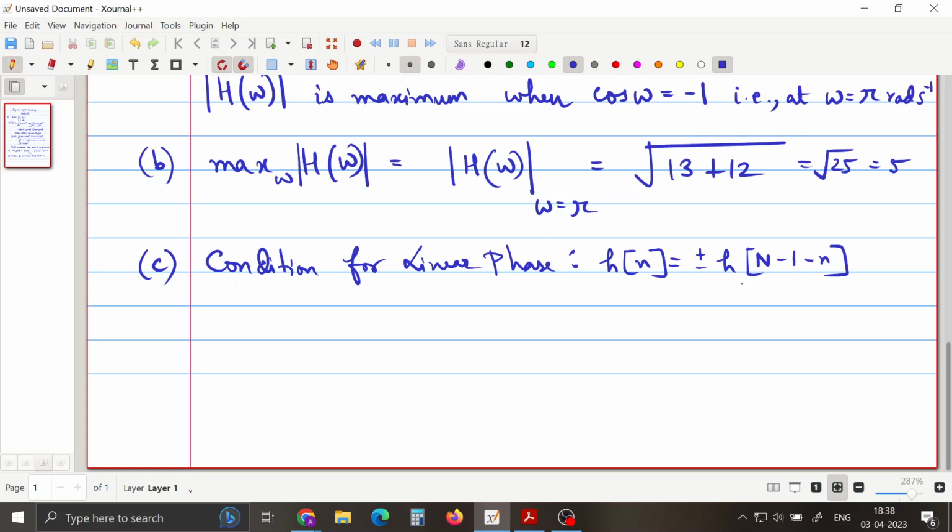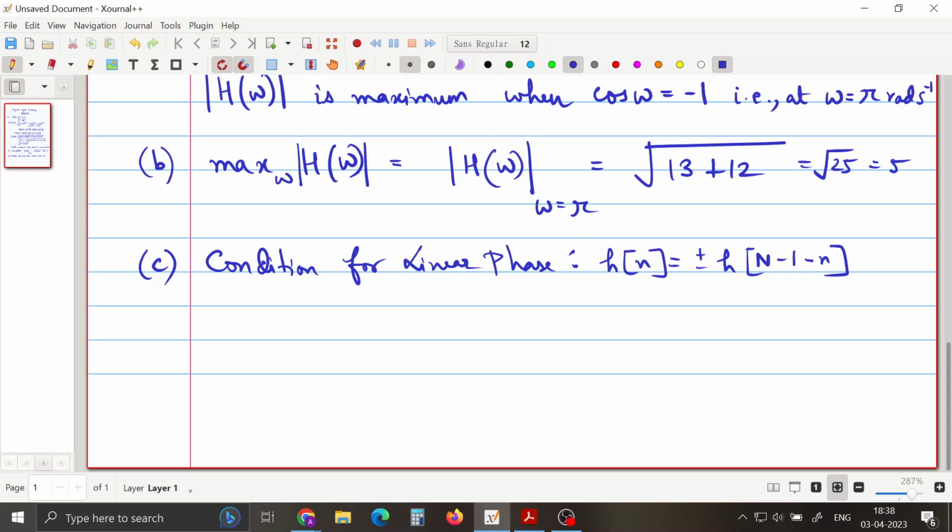We had the plus sign for the type 1 and type 2 filters, which have even symmetry. And the negative sign is for the type 3 and type 4 filters, which have odd symmetry. And here capital N is the length of the filter, right?